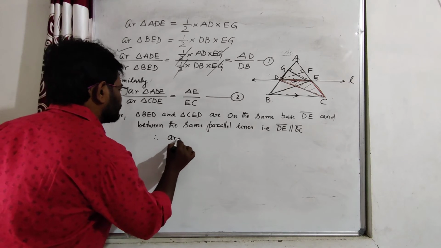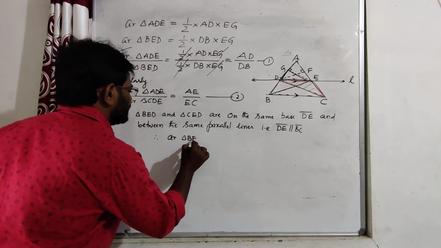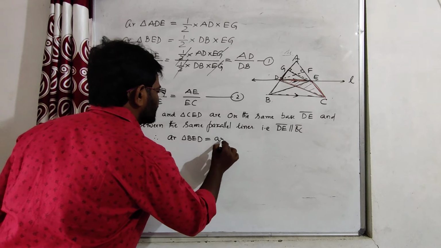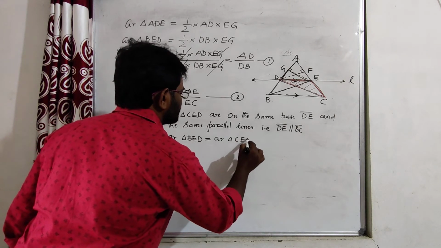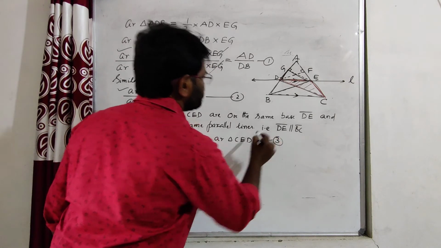Therefore, area of triangle BED is equal to area of triangle CED. This is 3.